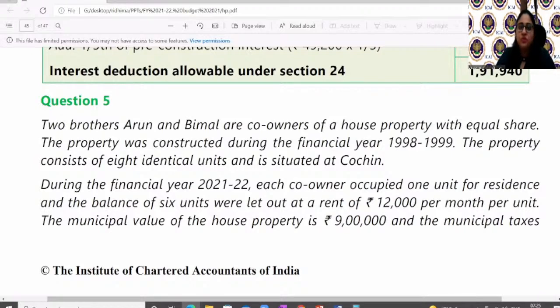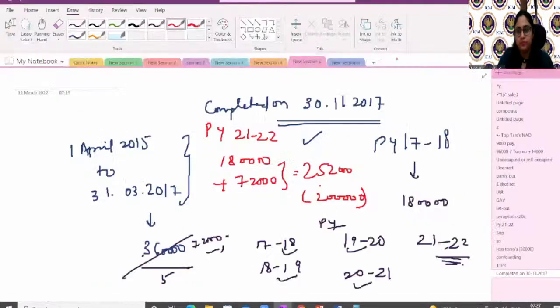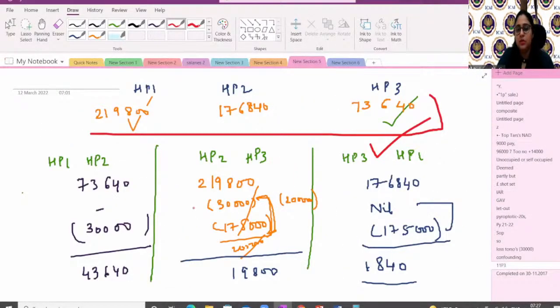Keeping in mind the limit of 30,000 and 2 lakh respectively for repairs and construction loan for less than 5 years. Construction loan for a construction completed in 5 years. Interest for repair is included in the 2 lakh cumulative limit. See, we did this when we were doing the deemed let out property question. Here, this was the repair loan, this was the construction loan. The deduction of both we took as per the ceiling limit first, and then in total it cannot exceed 2 lakh.